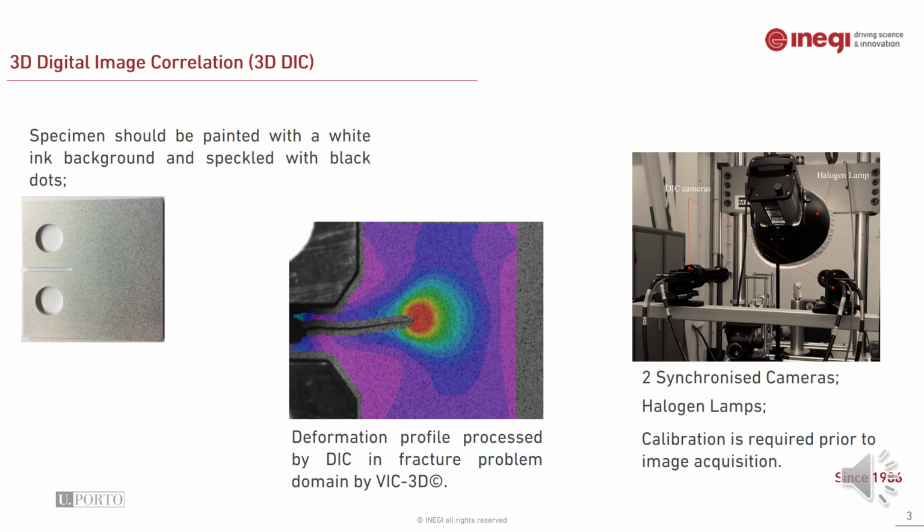If we use one camera, it is 2D digital image correlation, and the halogen lamp should also be used for the illumination. The deformation profile can be obtained by assessing images captured during the experiment and analyzing them with a correlation software, for example VIC-3D.